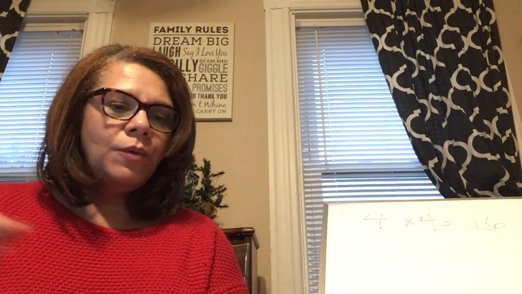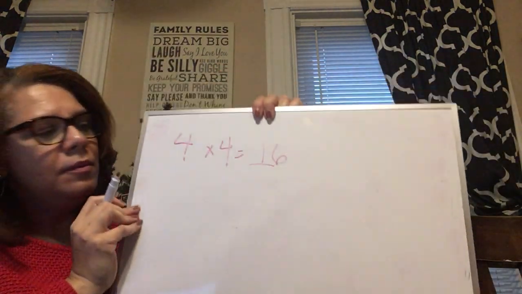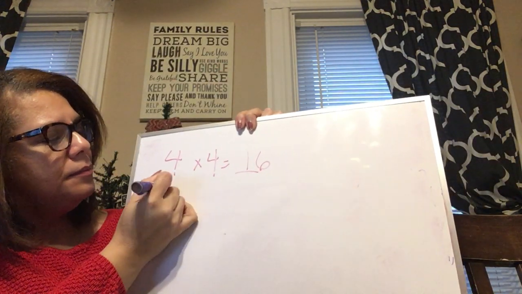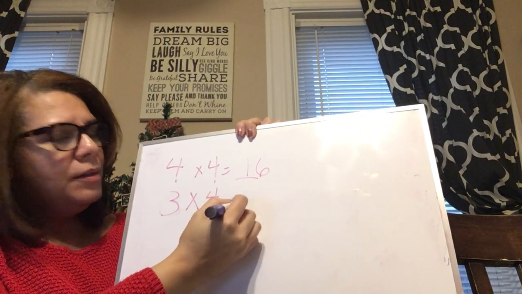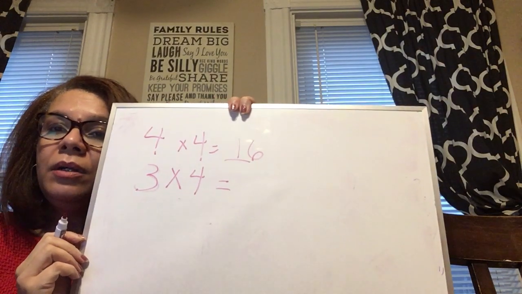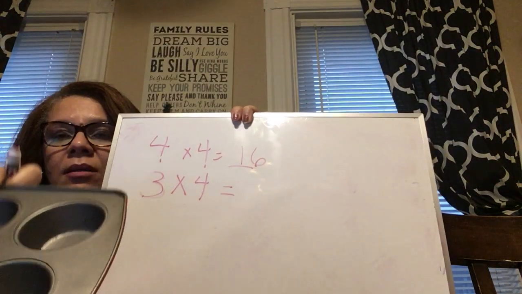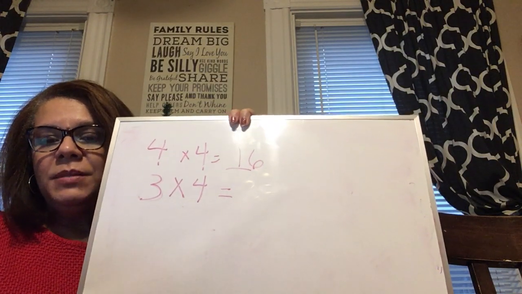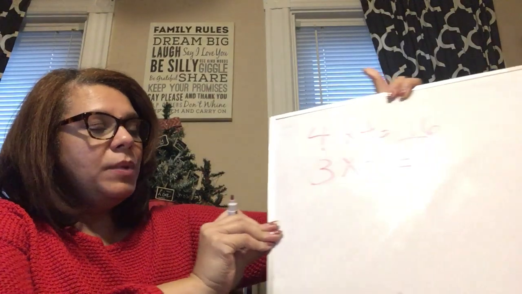3 rows of 4 is equal to 3 times 4. 3 times 4, if we count each of these spaces for the cupcakes, we could count by 3. So let's count by 3.